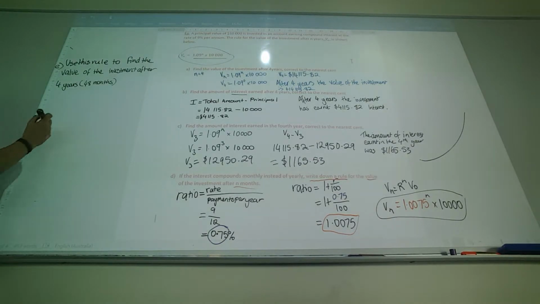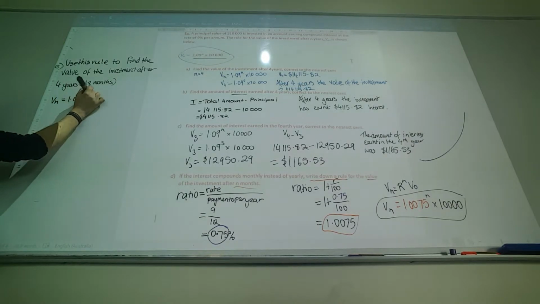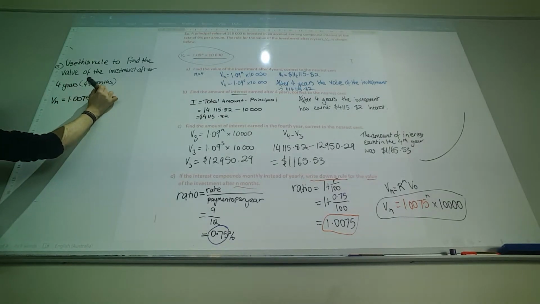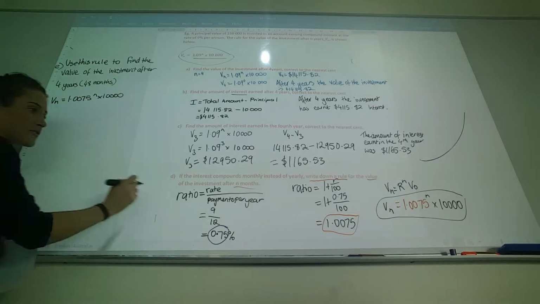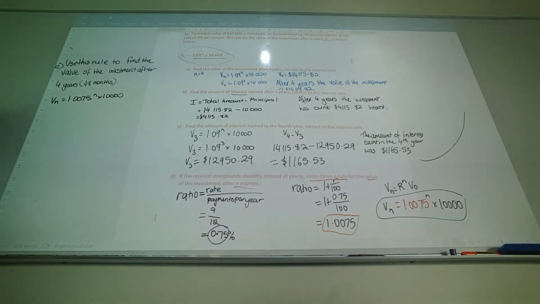So we start by, we've got our rule. So our rule is this, and I've just taken that straight from down here that we found before. And we are subbing in 48.